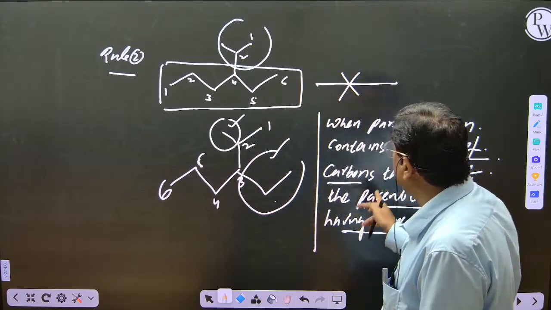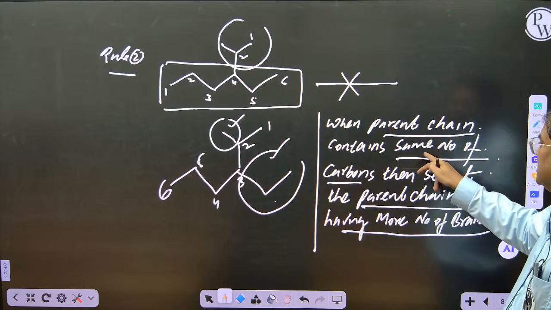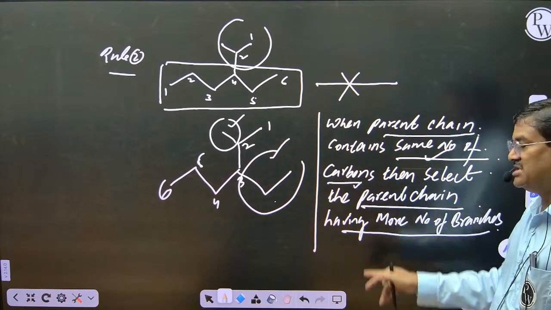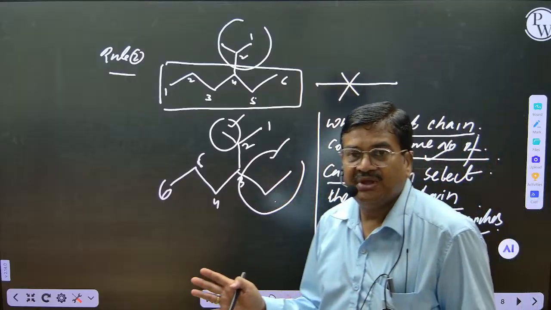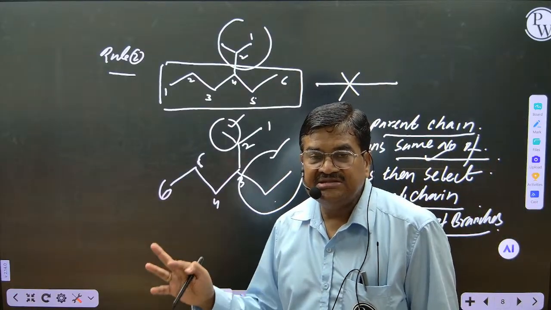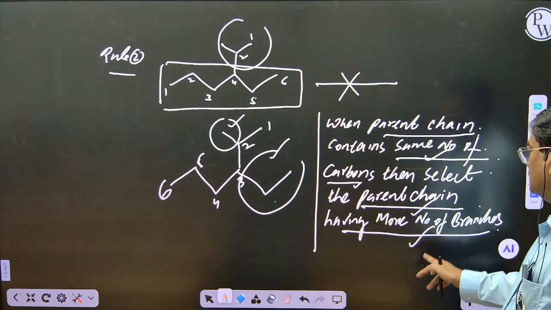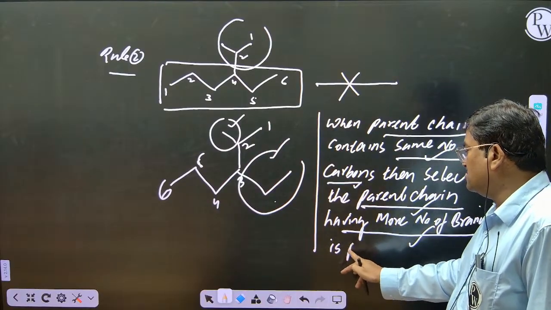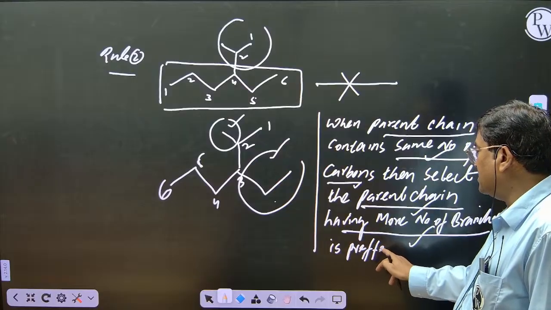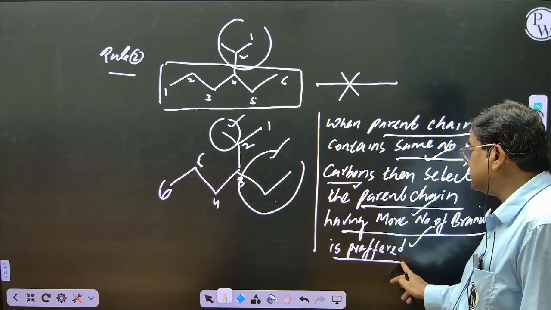So what does the rule say? Whenever the parent chain has the same number of carbons, then the parent chain having more number of branches is preferred, instead of the one with fewer branches.